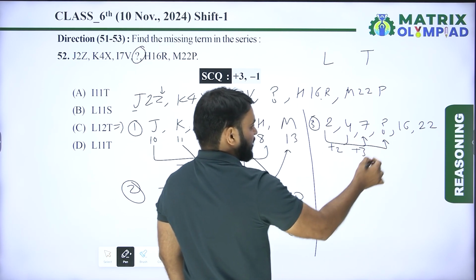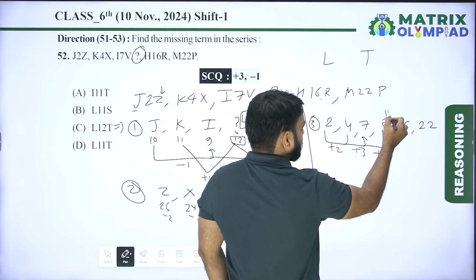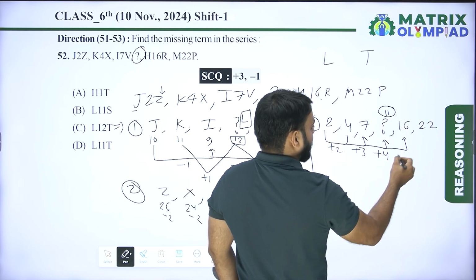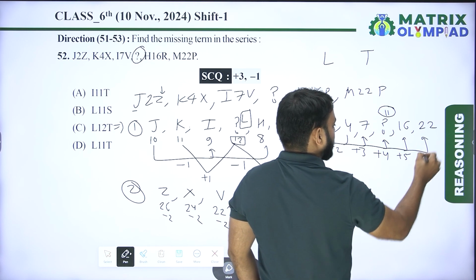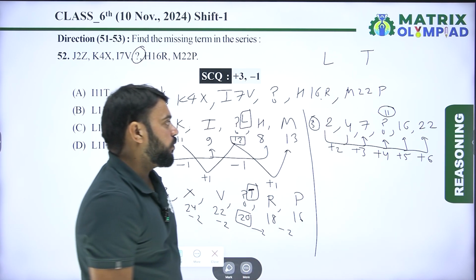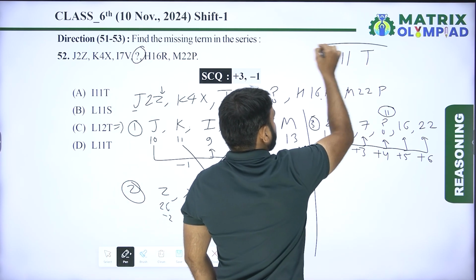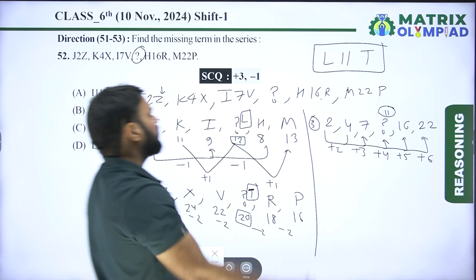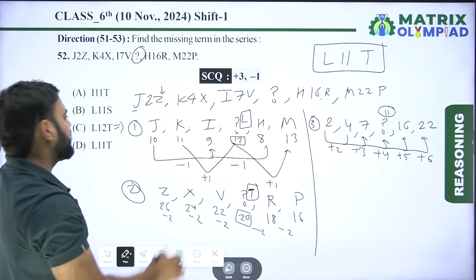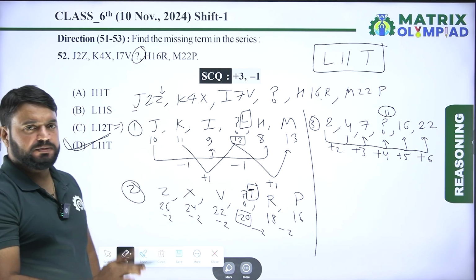Now 7 plus 4 is 11. 11 plus 5 is 16. Now 16 plus 6 is 22. So the missing number is 11. So the missing term of the given series is L11T. It means option D is the correct answer of this question.